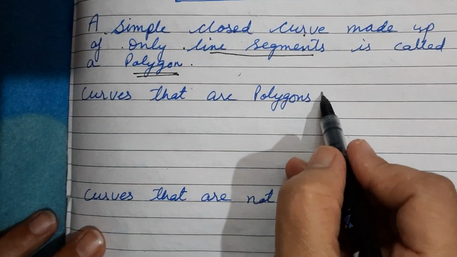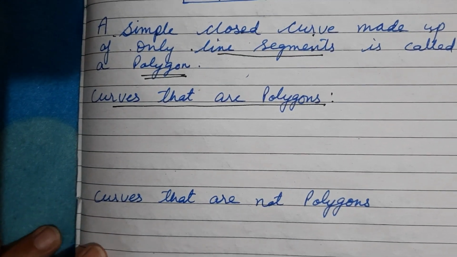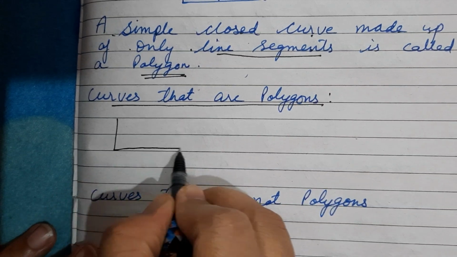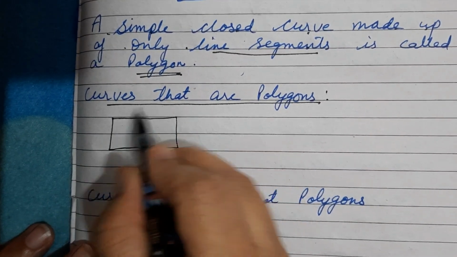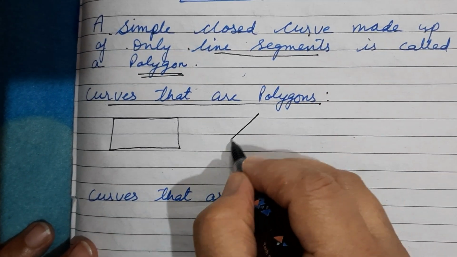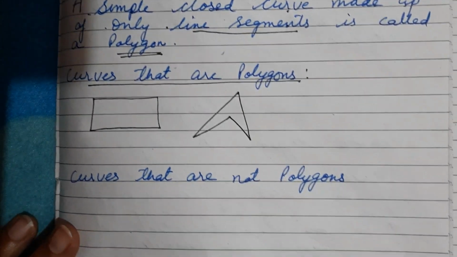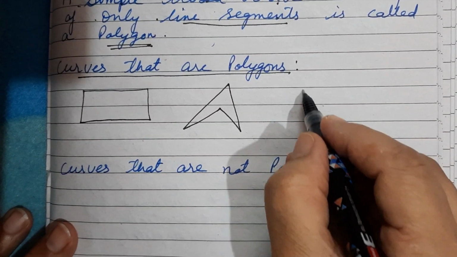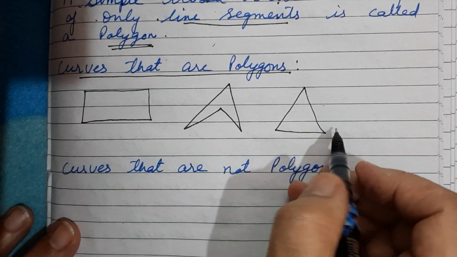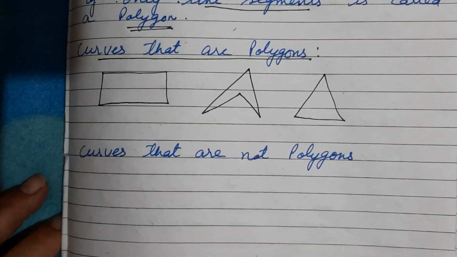Here I am drawing figures which are polygons. This is a polygon because the figure is made up of straight line segments and it is closed. This is also a type of polygon. This is also a polygon. So all these figures are polygons because they are made up of straight line segments and are closed.